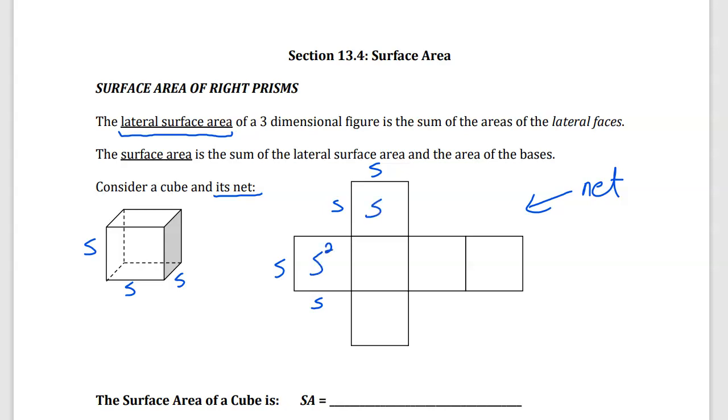So this is S squared, all of these are S squared. And if I count those up, that's 4, 5, 6. So the surface area of a cube is going to be 6 times the length of a side squared.